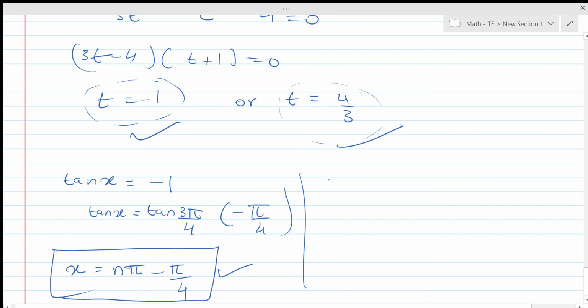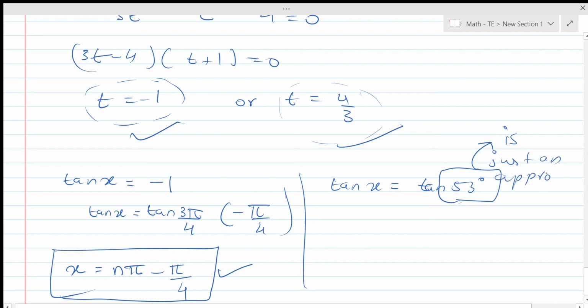Alright, let's move on, and this is also very simple. We can simply say tan x is equal to tan of 53 degrees. Well, this is just an approximation. Yeah, 53 degrees is just an approximation. So don't say that 4 by 3 is equal to tan 53 degrees.